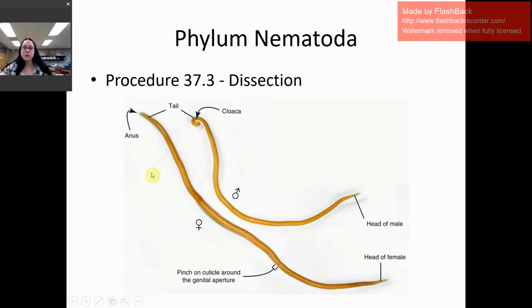The best way to differentiate the anterior part from the posterior part is to put it under a dissecting microscope and look at both extremities. If you find just a little hole, then it's probably the anus. If you find something that looks like three little pads and a hole in the middle, then it's the head.